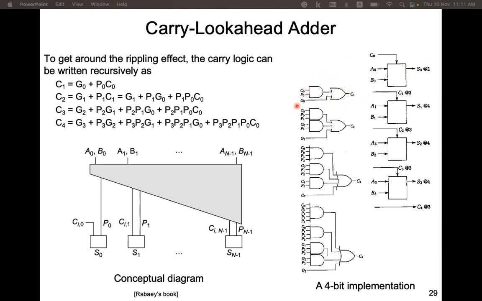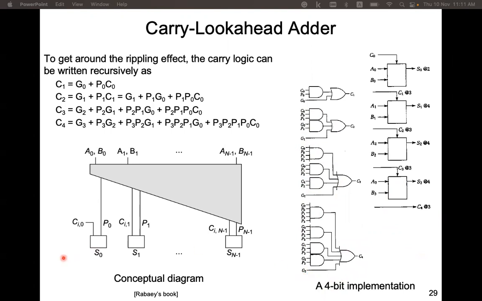This combinational logic block is a function of C0 and propagate P0 and G0. They are available very quickly. And same for the third bit: its carry in is not connected to the carry out of the previous stage, but is directly generated from such a combinational logic. And the carry output of the fourth bit, if required, is generated by such a circuit.